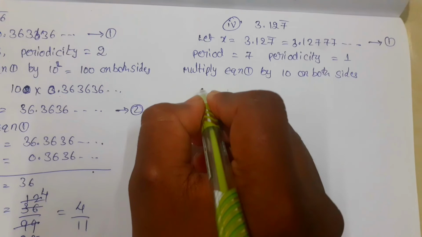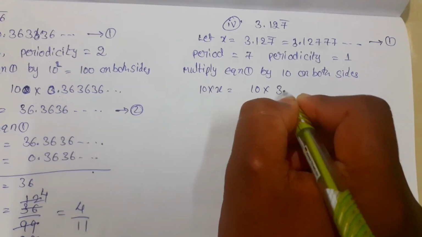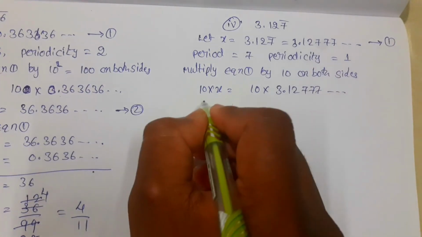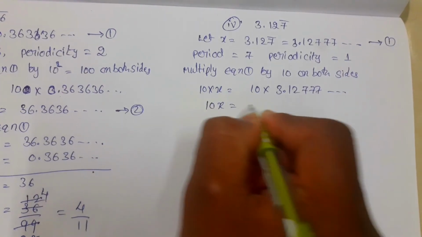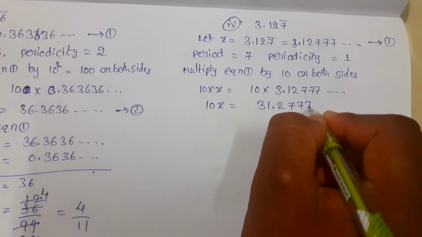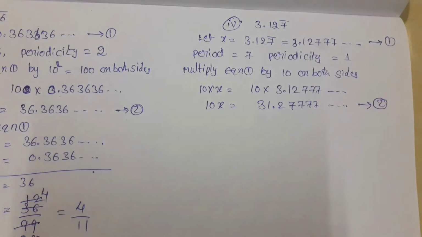On doing this, 10 into x is equal to 10 into 3.12777 and so on. From this you get 10x is equal to 31.2777 and so on. I am supposing this as equation 2.